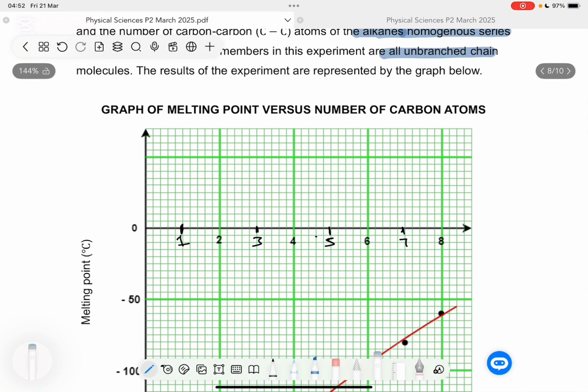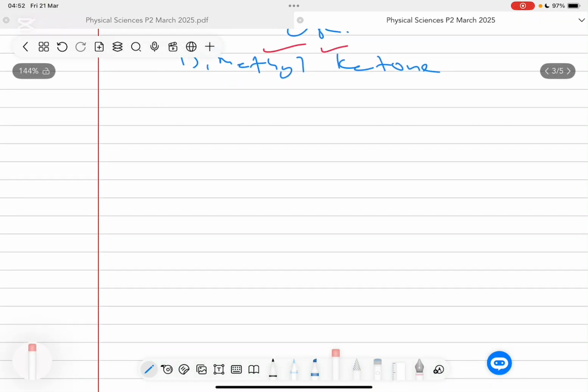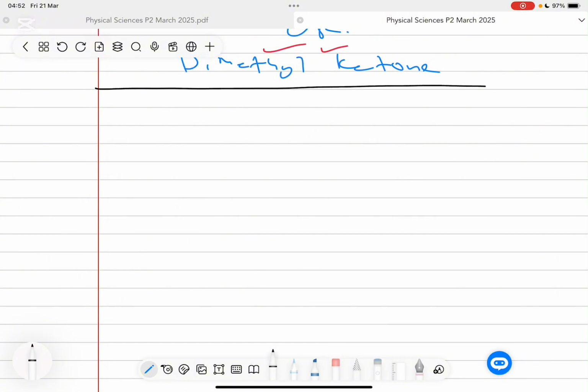So what I'm saying is that when we say we have 1 carbon atom, I can draw this such that I have 1 carbon atom, and because it's an alkane class, an alkane homologous series, it will be bonded to 4 hydrogens, and this will give me methane.